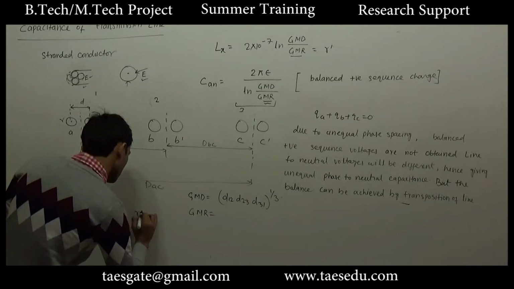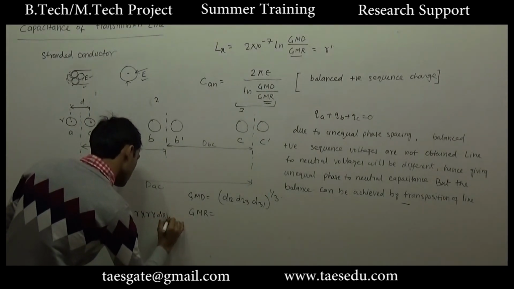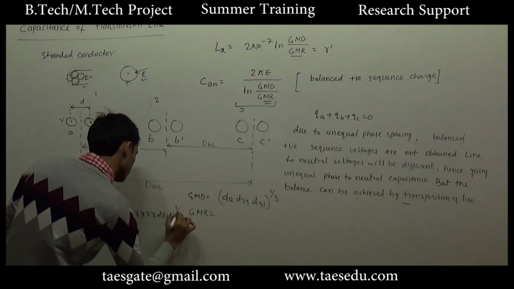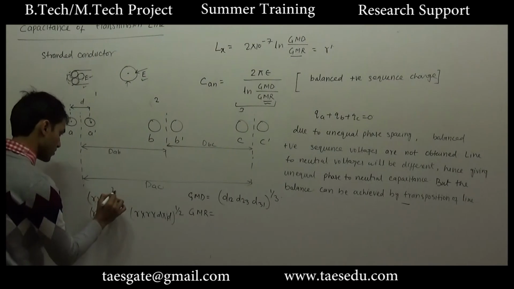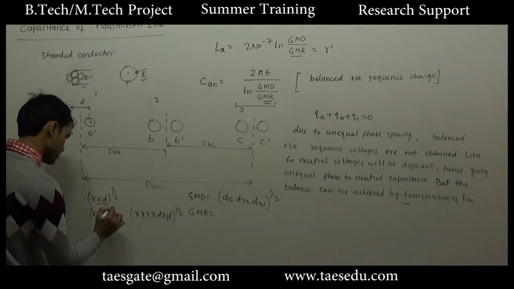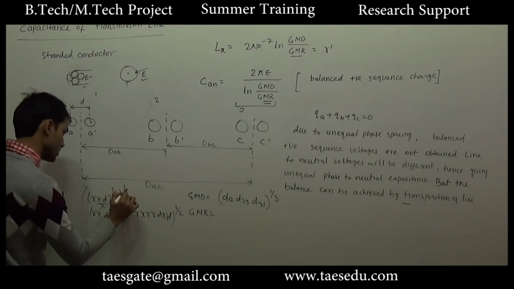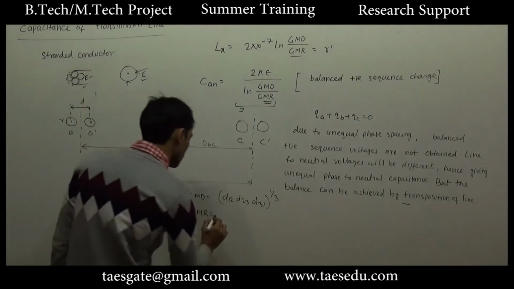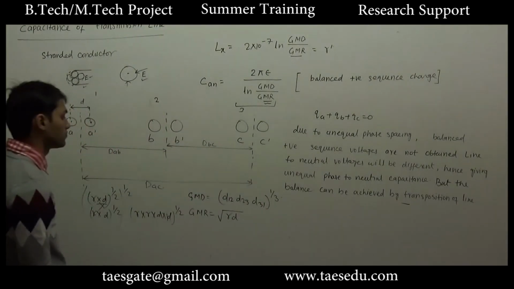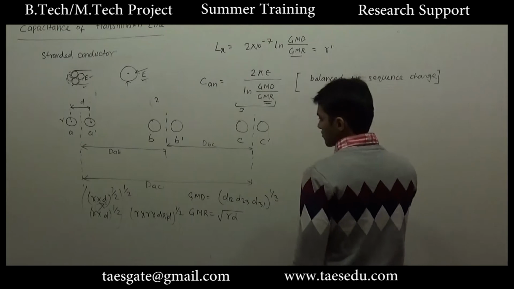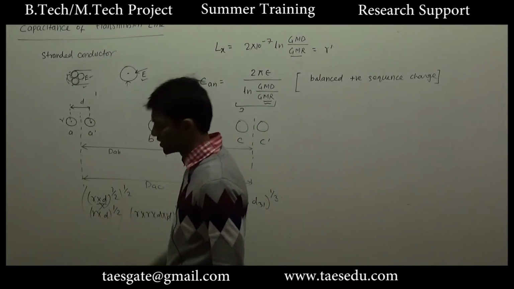So either we can do r into d into r into d to the power 1 by 4, or simply we can say r into d to the power 1 by 2 into r into d to the power 1 by 2, then again multiply these two quantities and take the power 1 by 2. So overall you will get GMR as square root of r into d. In case of calculation of inductance, in place of r we have to take r dash.